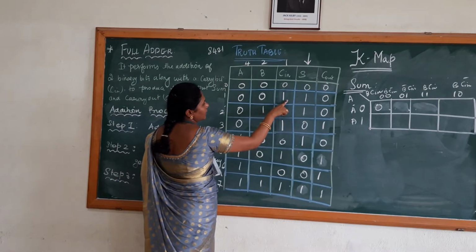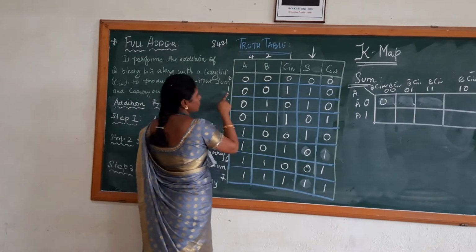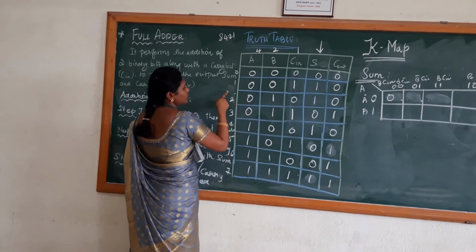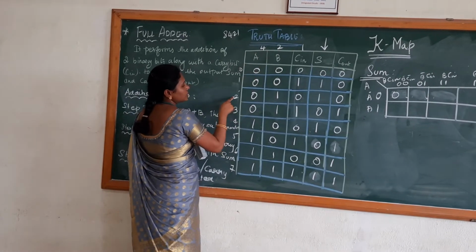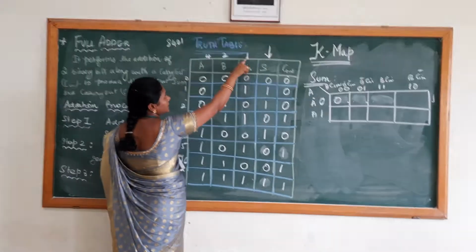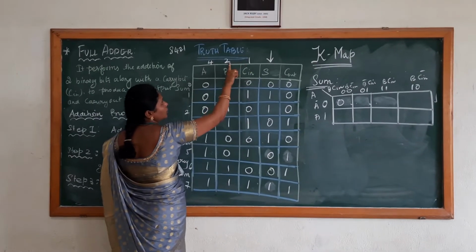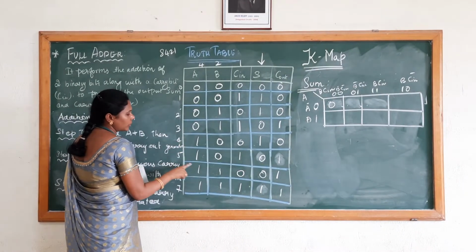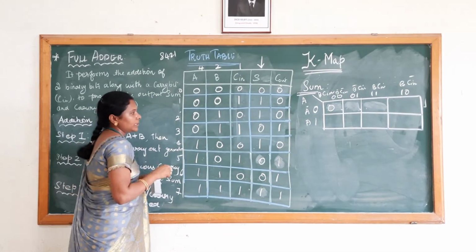Here this bit is enabled, which corresponds to 1. Here this bit is enabled, so the corresponding digit is 2. Here these two bits are enabled, so the digits are 2 and 1. 2 plus 1 is 3. This is how you have to plot your decimal values.